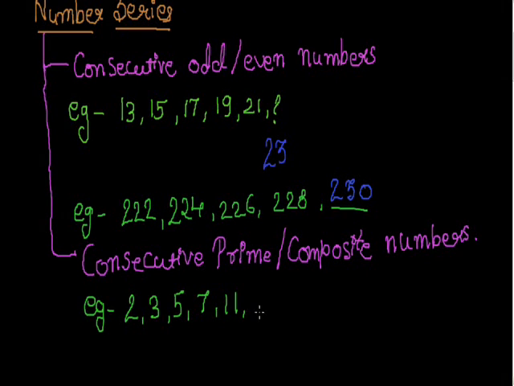Here 2, 3, 5, 7, 11. These are prime numbers 2, 3, 5, 7 and 11. So the next prime number after 11 is 13. So our answer will be 13.